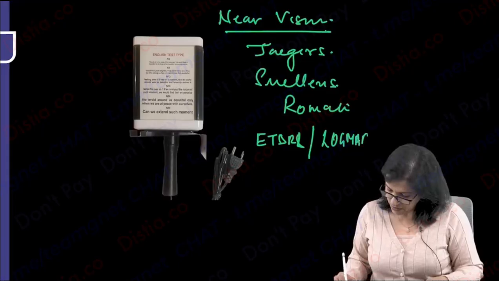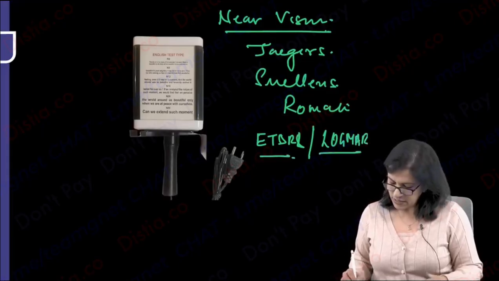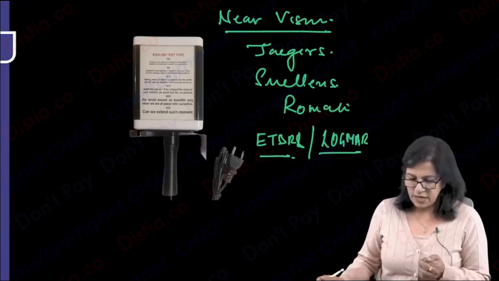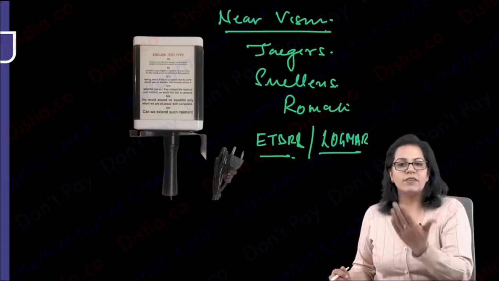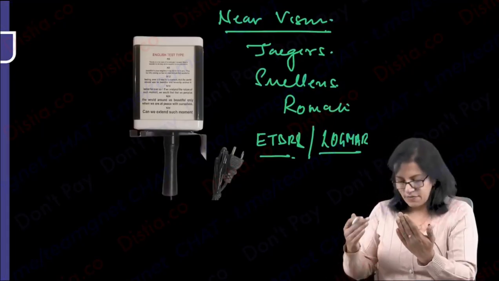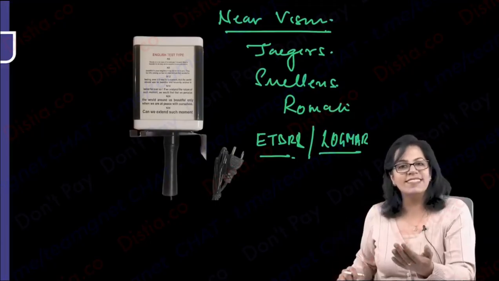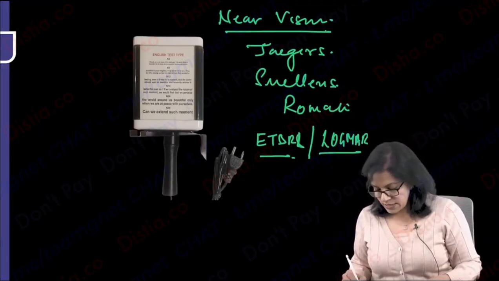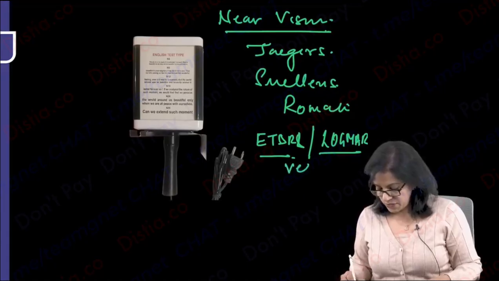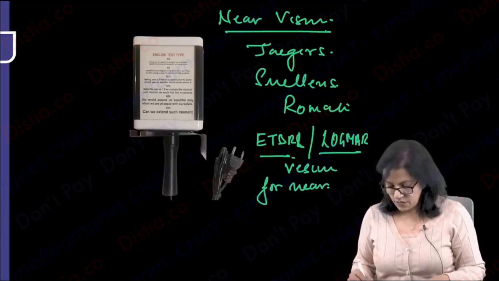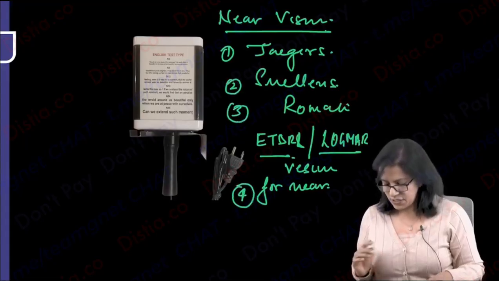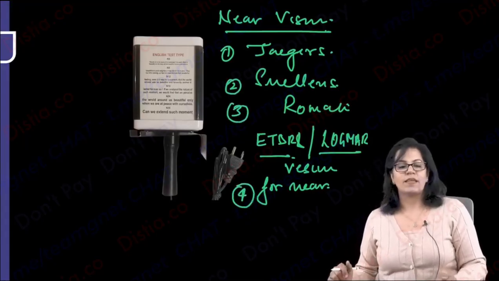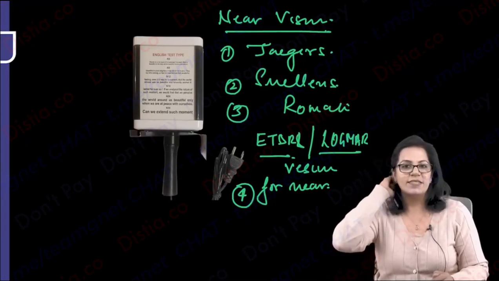So near vision is tested with these, where we ask the patient to keep this near chart at a reading distance, and then we check whether he is able to read the smallest line or not. So what did you learn with me? For near vision, one was Jaeger, second is Snellen's, then Roman, and the near version of logMAR and ETDRS. Okay?